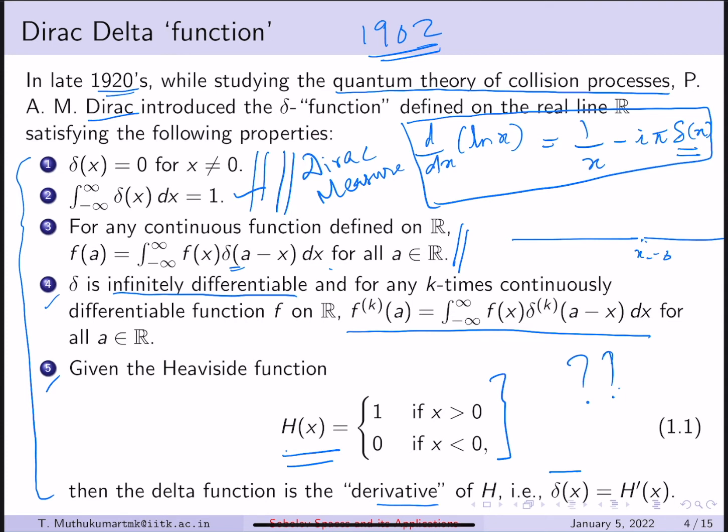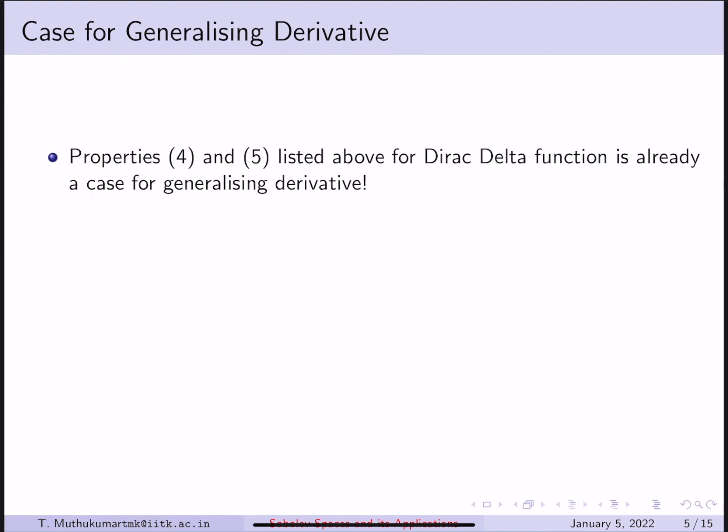Okay, that is the first motivation that we are talking about, and there is a second as well. I'll give one more example for why. The properties 4 and 5, which we saw on the previous slide, were already giving an example of why we should generalize the notion of derivative to generalized functions.